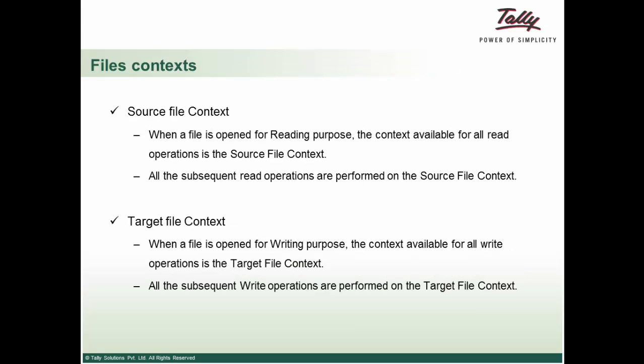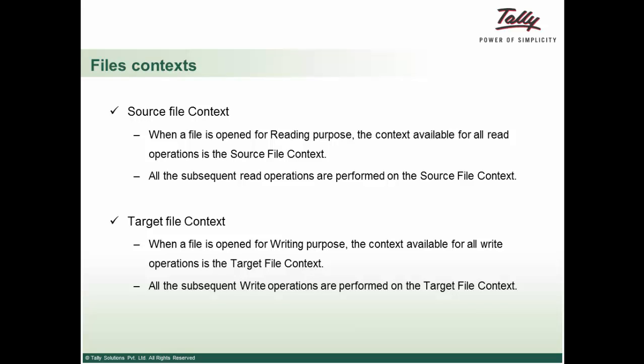For data, we have two data contexts, the source object and the target object. Similarly, for files also we have two contexts, source file context and target file context. Source file context: when a file is open for reading purpose, the context available for all read operations is the source file.